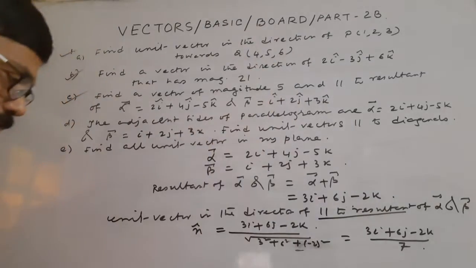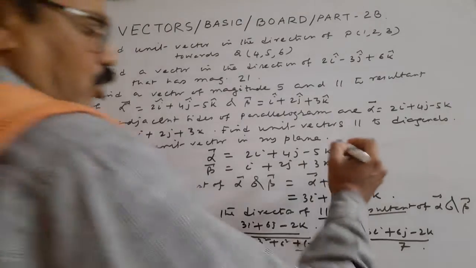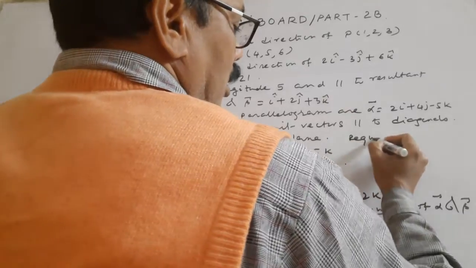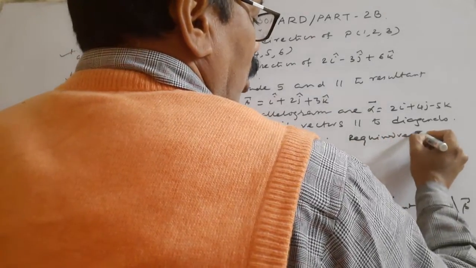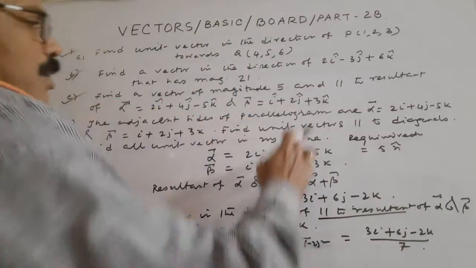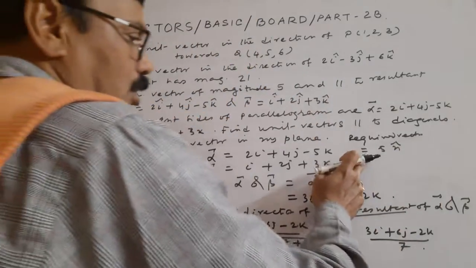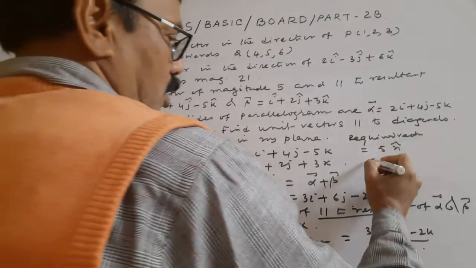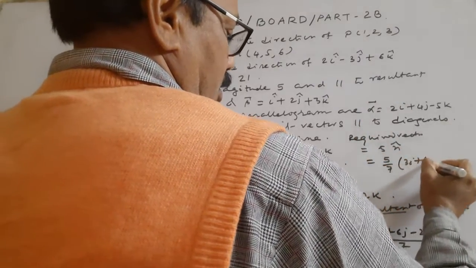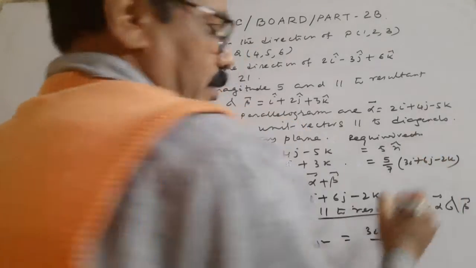Magnitude is 5. So what is the required vector? The required vector equals 5 into n cap. Magnitude of 5, unit vector into 5. So 5 by 7, 3i plus 6j minus 2k.